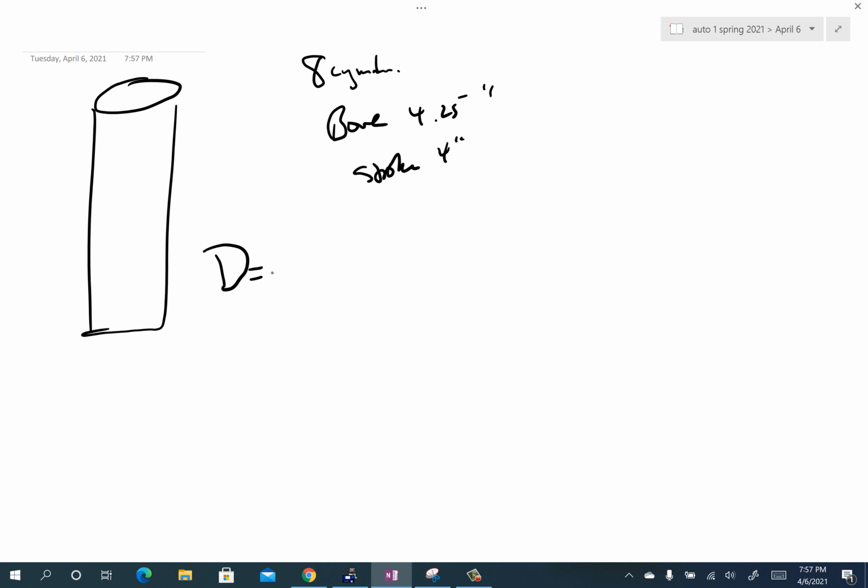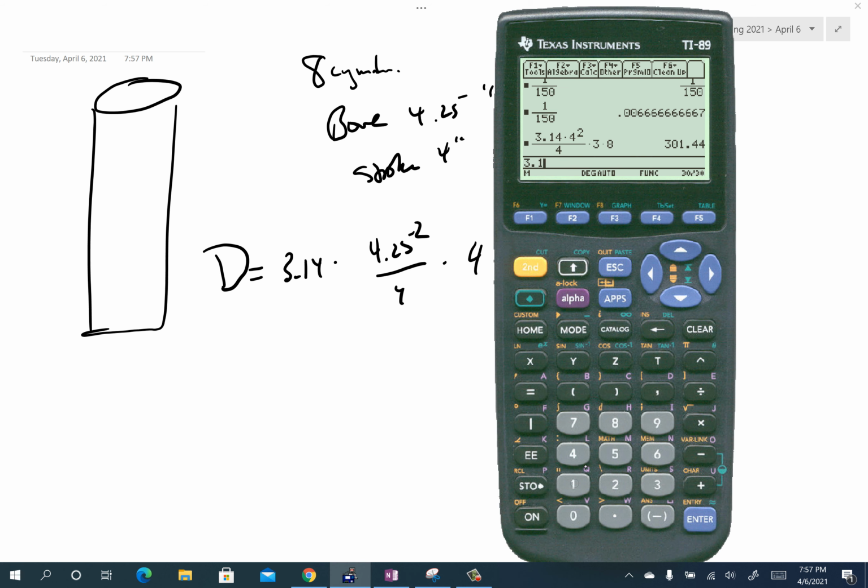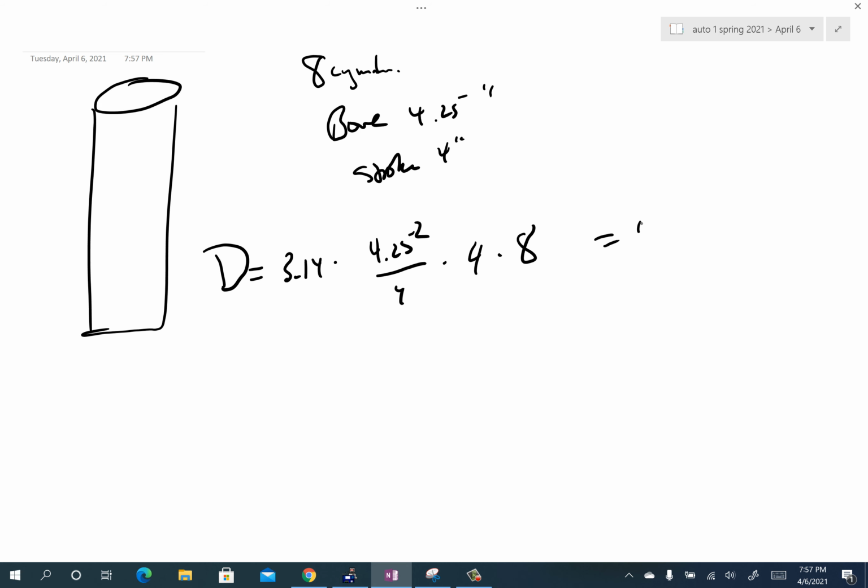So the displacement would be equal to 3.14 again times 4.25 squared divided by 4 times 4 times 8. That comes to 454 inches cubed, the Chevy 454. We can play this game till we're blue in the face.